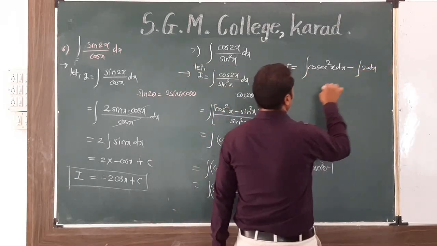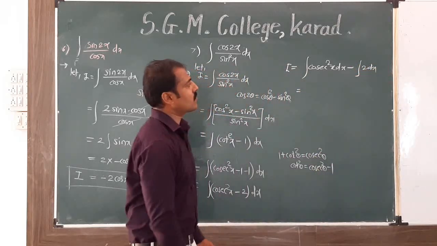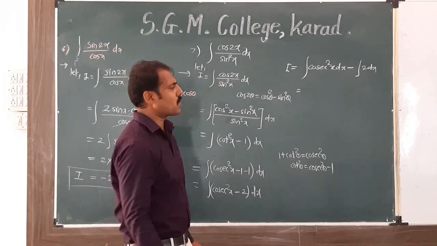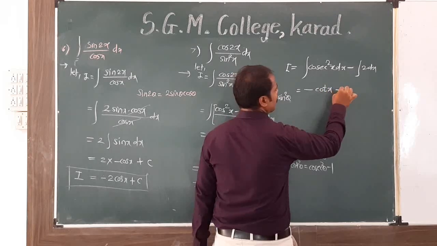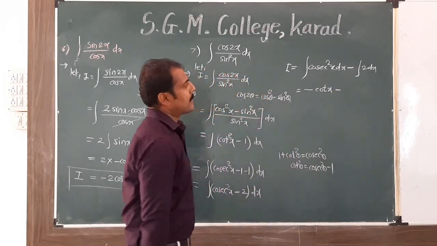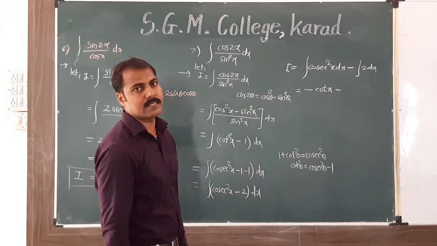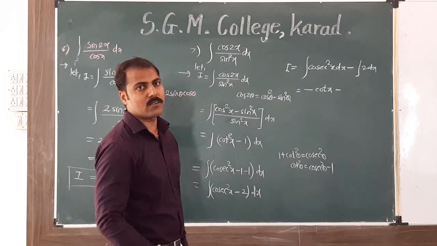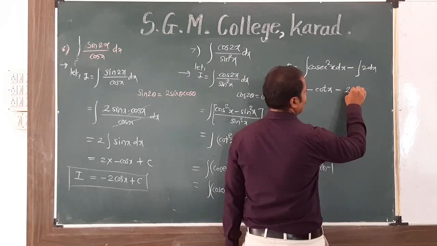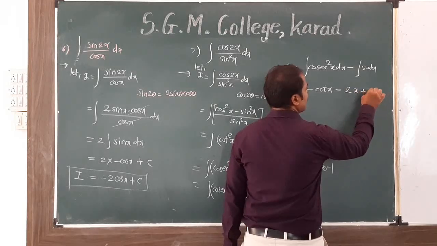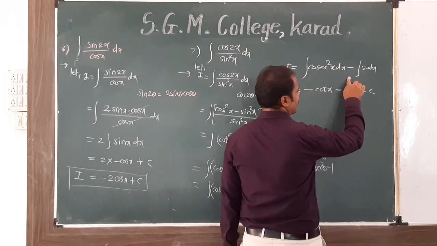Okay. Now take the formula for integration of cosec square x dx. It's minus cot x. Integration of constant is constant into x plus c. So integration of 2 is 2 into x plus c, or take 2 outside the integration.